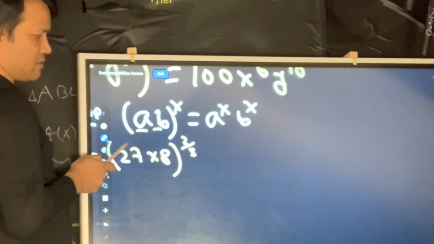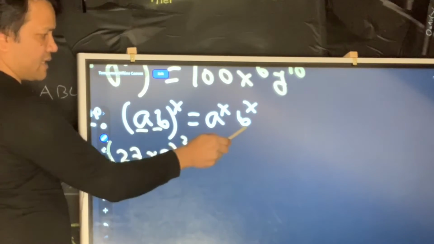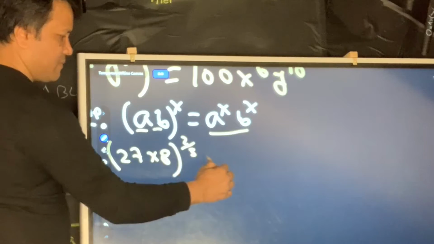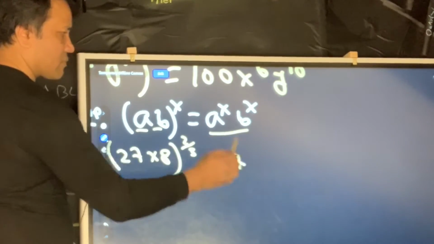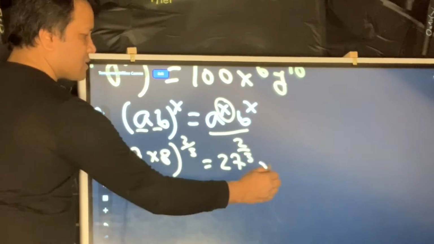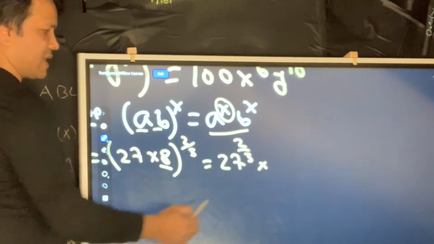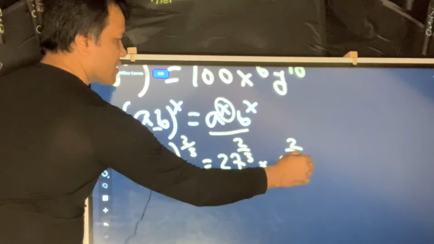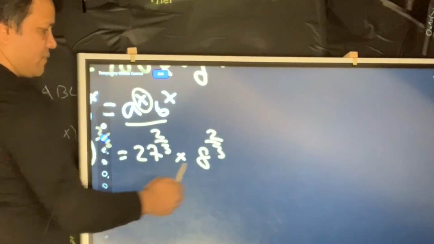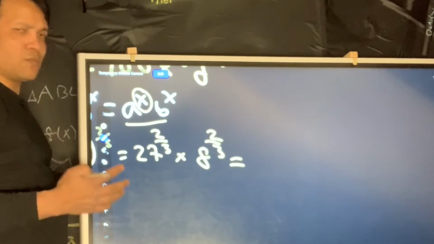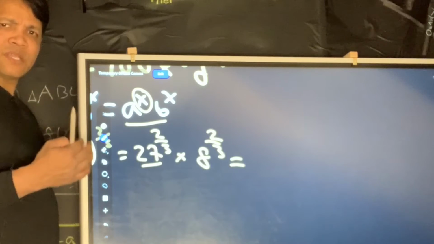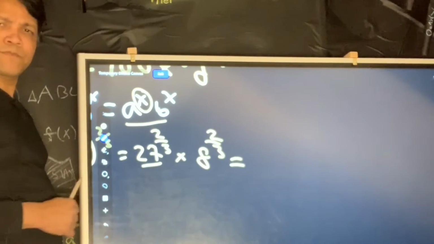Now we're going to write just like this one: a is 27 and x is 2/3, times b is 8, to the 2/3. Now we have to find a number which you multiply 3 times and get 27.